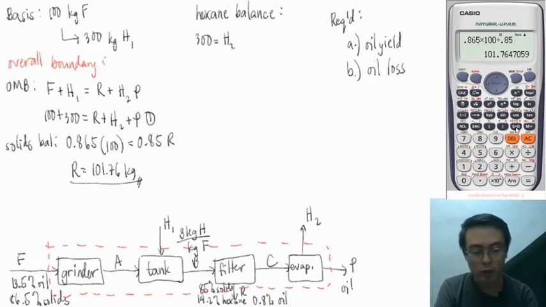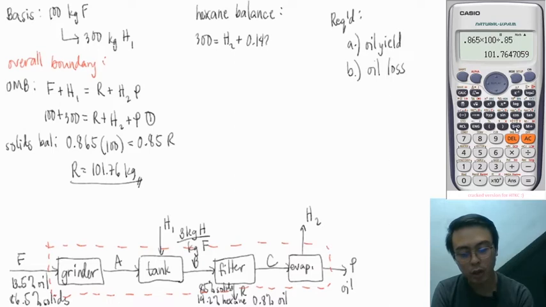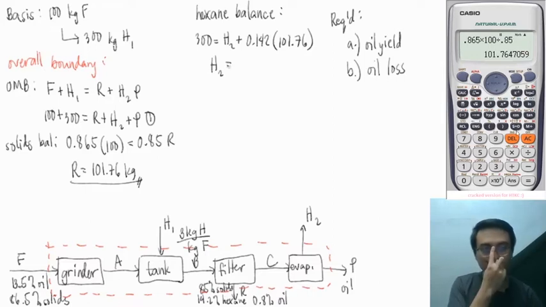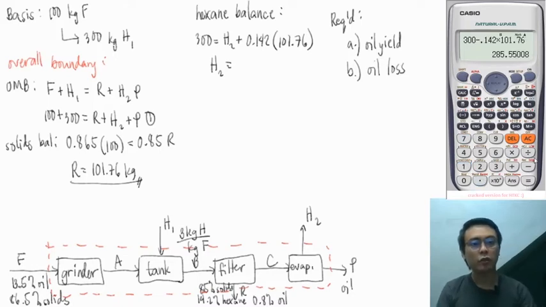In the residue, we have 14.2% hexane, so that is plus 0.142 times the residue, 101.76. Solving for H2, we have that's 300 minus 0.142 times 101.76, 285.55.